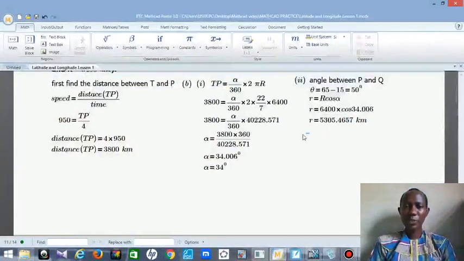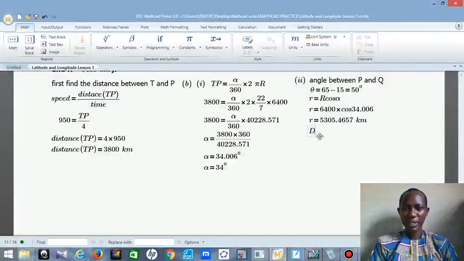Now that the radius is known, the work is almost over. We now use our distance formula, which the question says we should calculate. Let's use capital D as the distance. Distance will be theta over 360 times 2 times 22 over 7 times the radius.